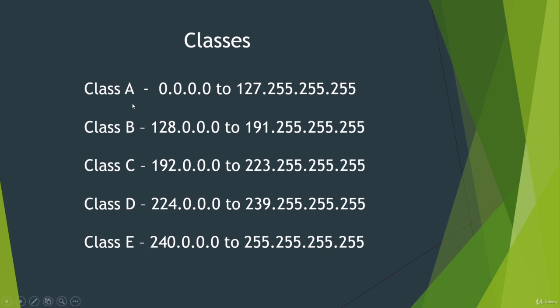And class B is from 128.0.0.0 to 191.255.255.255. This is the class B IP address range.